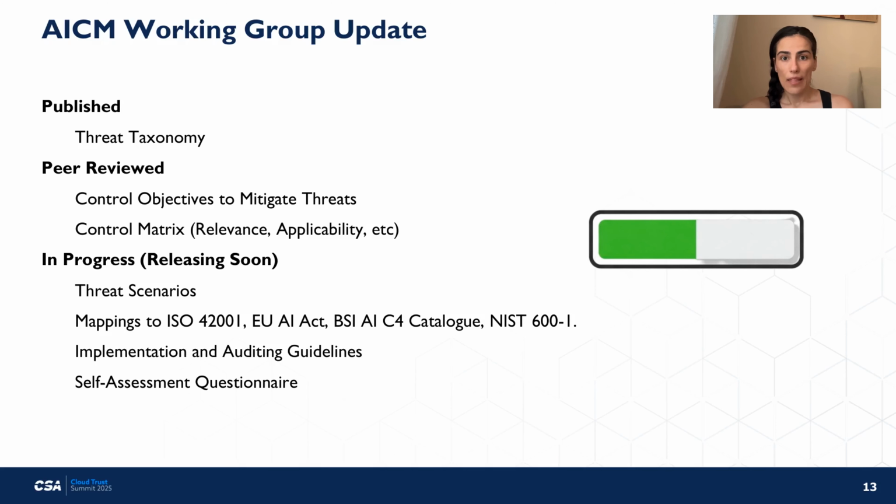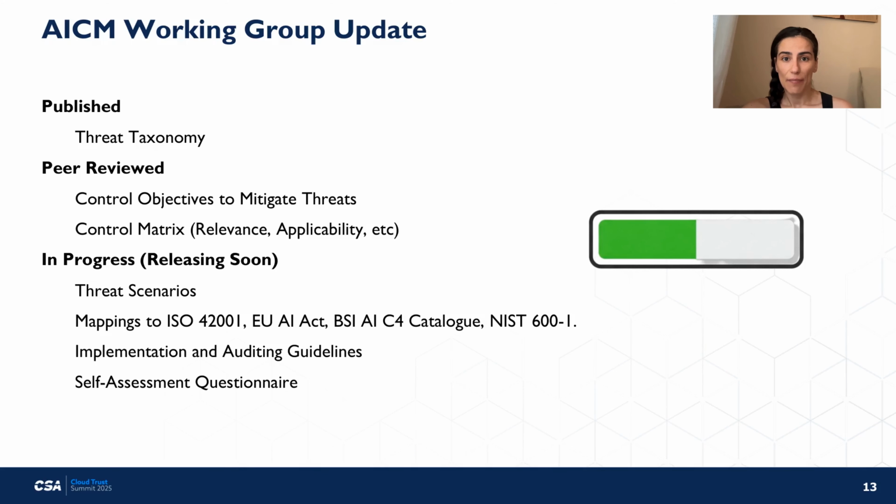Nice. This is basically what the AICM is, how it is built. As I said, there's still a little bit of work left. It started with a threat taxonomy on which we based these 9 AI threat categories. And we are to publish this AI controls matrix end of June.